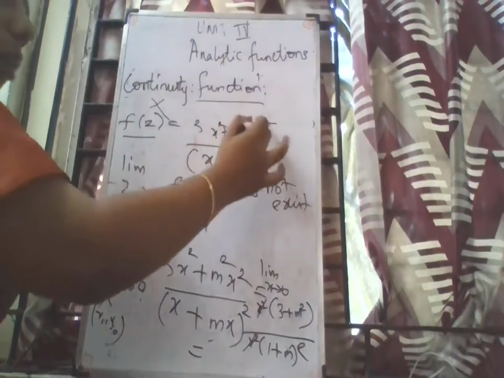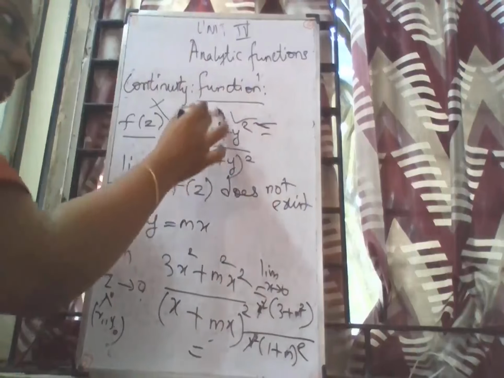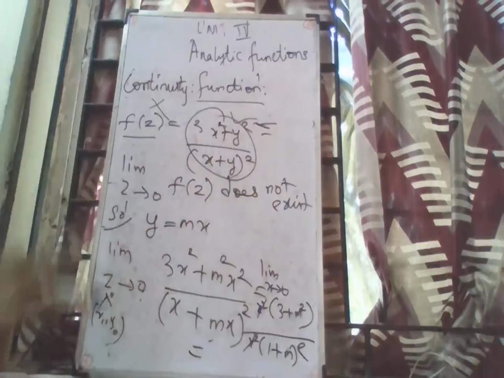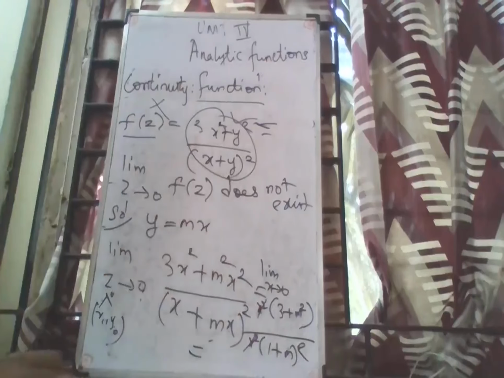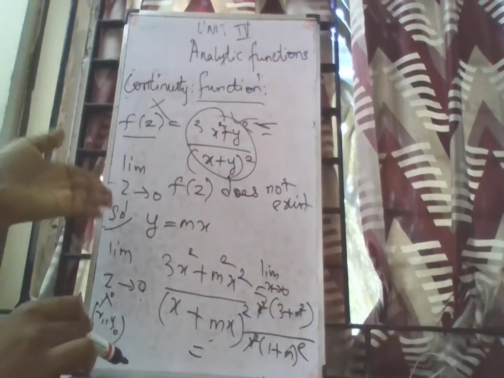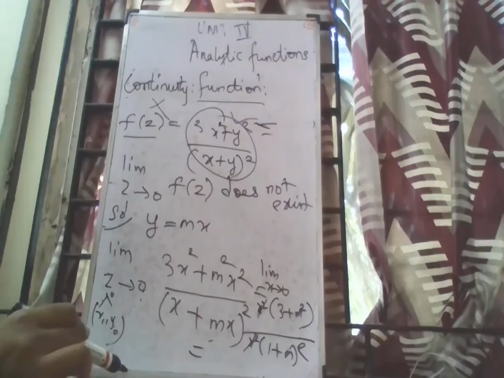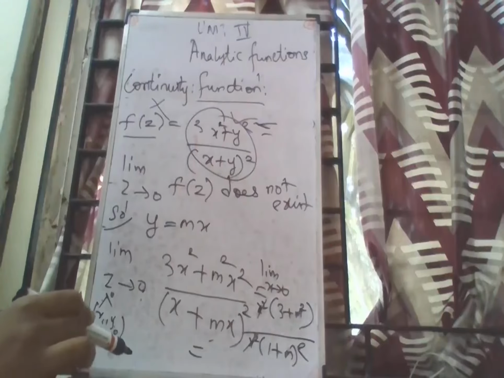I'm not talking about all functions. The function they have given you, the function they have defined, for this function only I am talking. So the function f of z does not exist. Here I have one question: if the function does not exist, what about continuity of the function, or otherwise, does the limit exist or not?